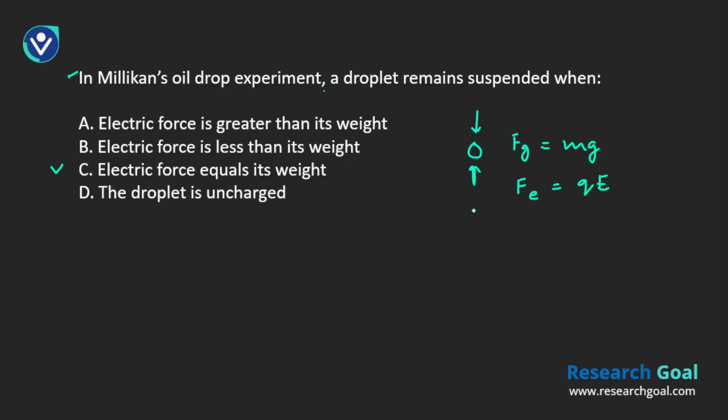It's going to suspend when Fe is equal to Fg. So your electric force is basically equal to its weight, which is just the weight of that particular droplet. Once it's equal, it's not going to fall down, right? So this is how you can answer this. And obviously, other options are mutually exclusive, so you can exclude them very easily.